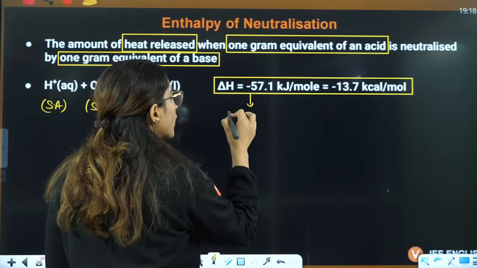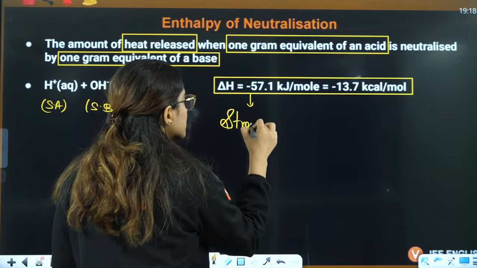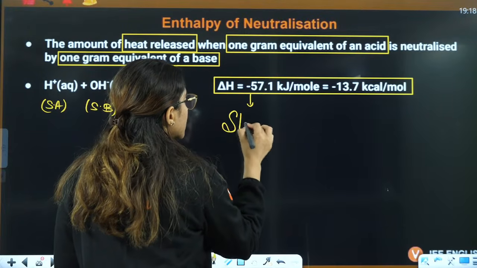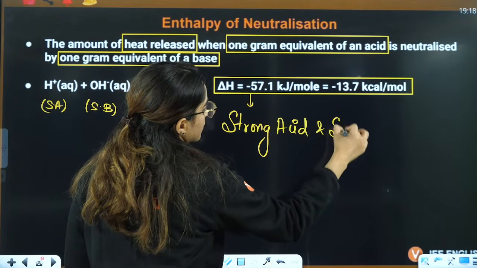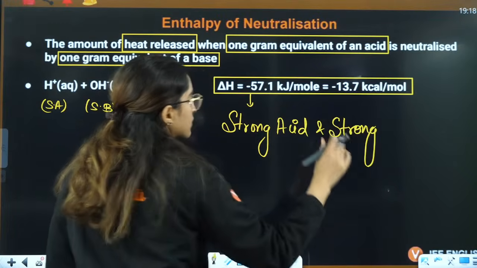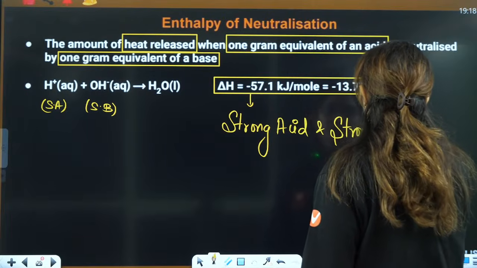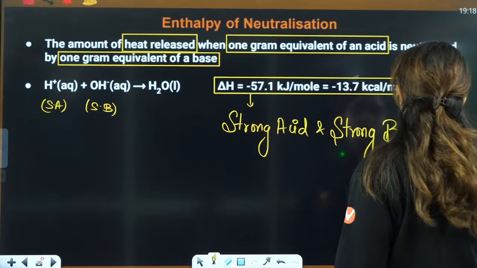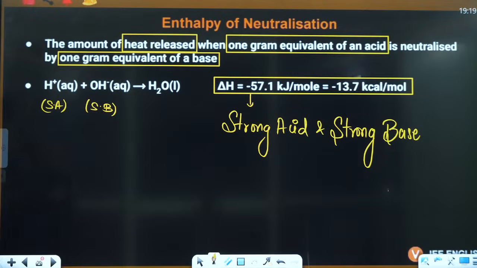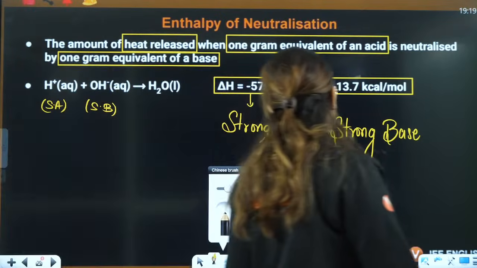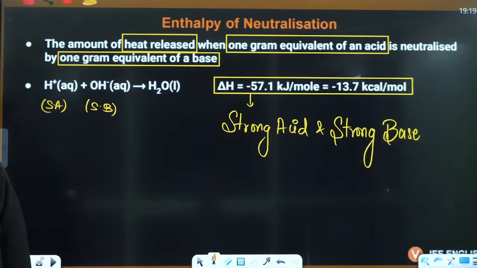This is only for strong acid and strong base. Okay, right? This is for strong acid and strong base. This is confusing, but eventually, when you see the questions, you're going to find it easy.